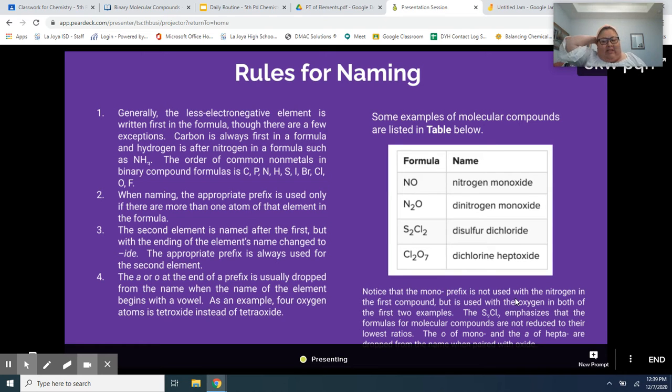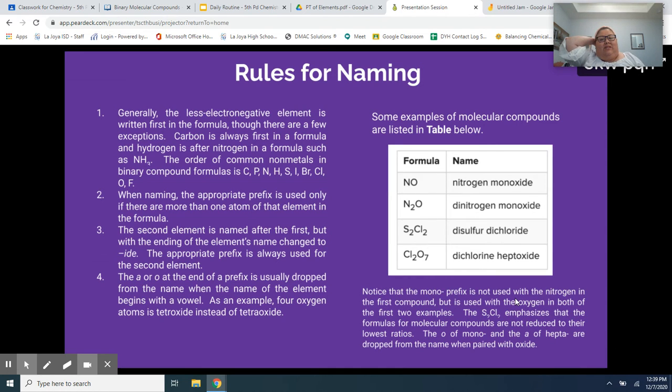Rules for naming. Let's just read it and then we'll discuss the examples, because it's confusing. Generally, the less electronegative element is written first in the formula. So the ones furthest away from fluorine, right? Fluorine is the most electronegative element of all nonmetals. There are a few exceptions.